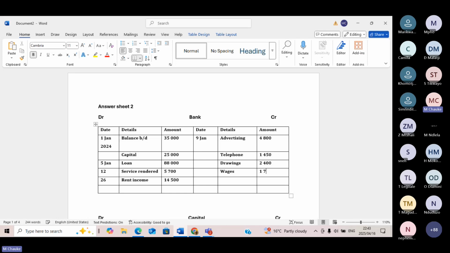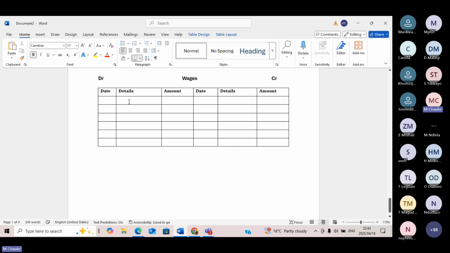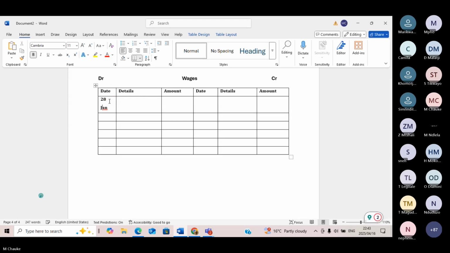And then we go to the wages account down here. Remember, wages is an expense. This transaction took place on the 28th of Jan. And then we paid bank, duality principle, and the amount 1,700.